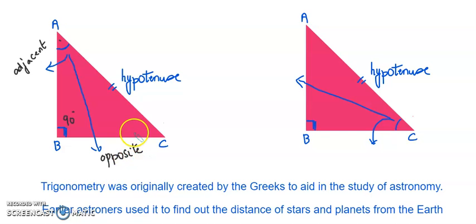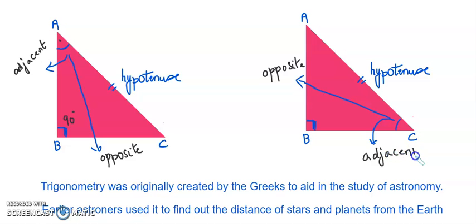Now in the same triangle, as I shift the angle to C, the opposite becomes AB, because for angle C, the opposite side is AB. Opposite means just in front of it, just opposite, as it means in English. And the one lying next to it, one of the arms forming this angle, is BC, and that is adjacent.